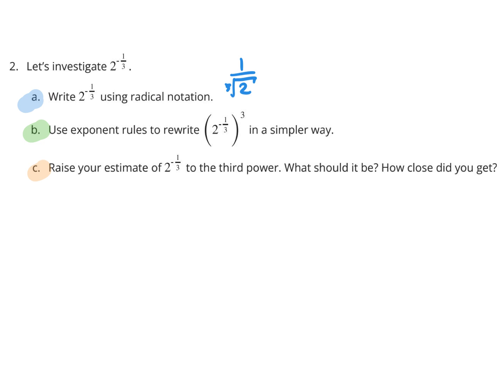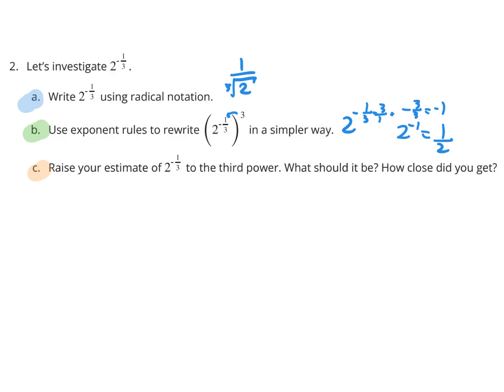Now, use exponent rules to write 2 to the negative 1/3 cubed in a simpler way. So we know when we raise a power to a power, you multiply the exponents. 2 to the negative 1/3 times 3 over 1 becomes negative 3 over 3, which equals negative 1. And 2 to the negative 1 equals 1 over 2.